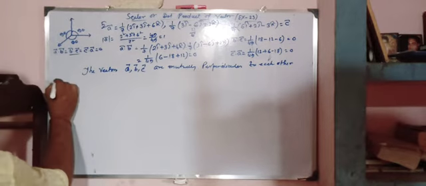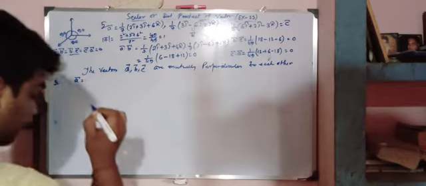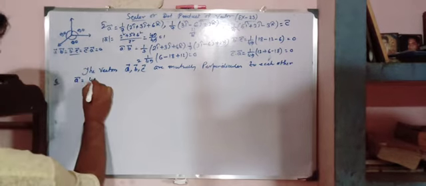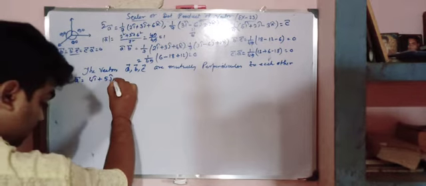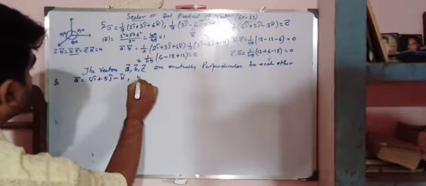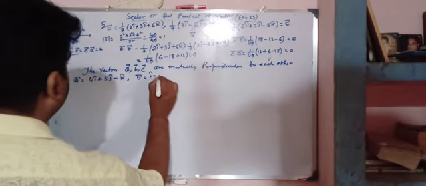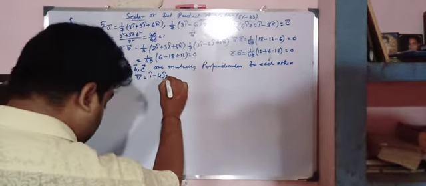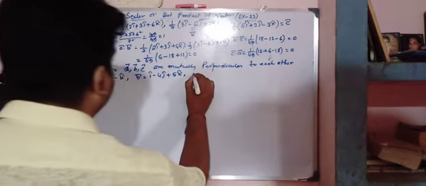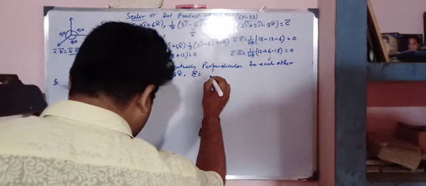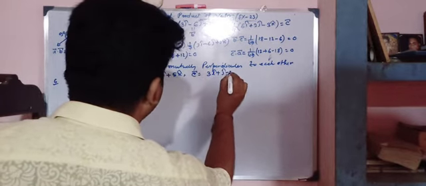Question number 6. A vector is given here, A vector is equal to 4i cap plus 5j cap minus k cap. B vector is given here, i cap minus 4j cap plus 5k cap, and C vector is given here, 3i cap plus j cap minus k cap.